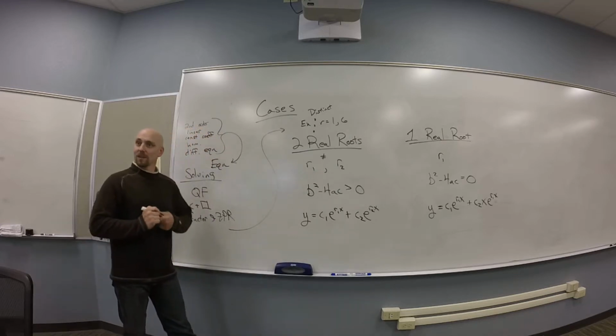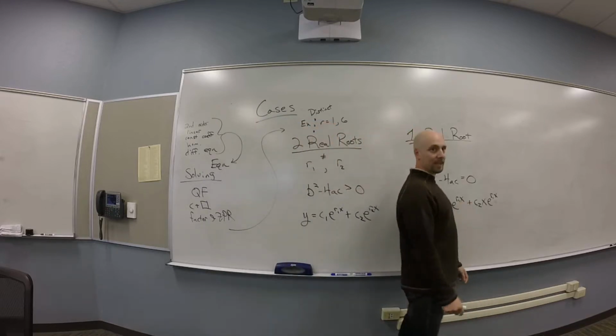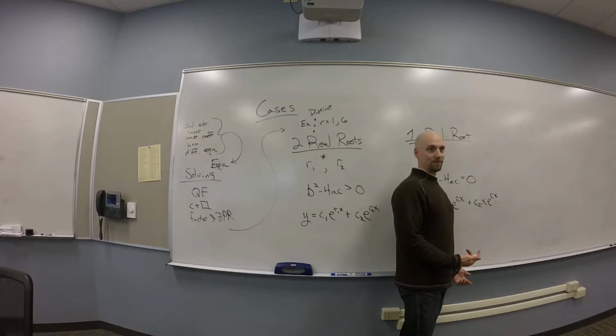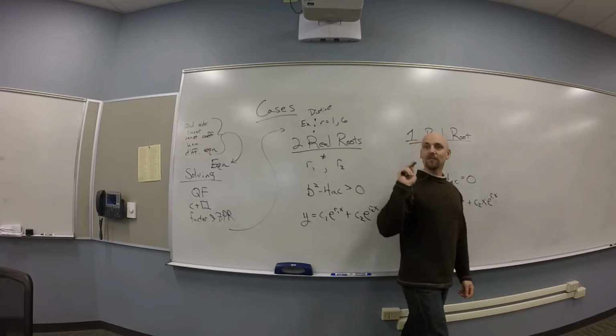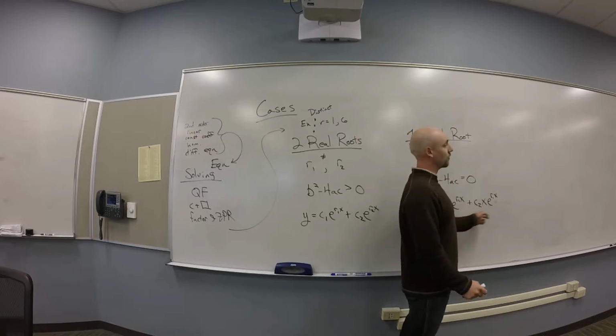Trust me for now. If you get a duplicate, you should have e to the R1x again, but those aren't linearly independent. How about this? If I rephrase that, 2 copies of e to the R1x are not linearly independent functions, because one is literally a copy of the other. So you need something else to get to linearly independent solutions here.